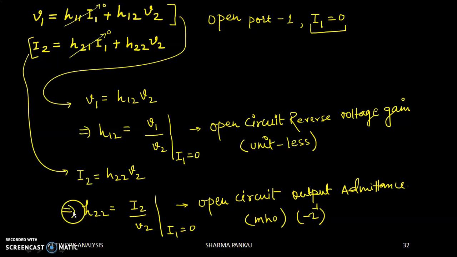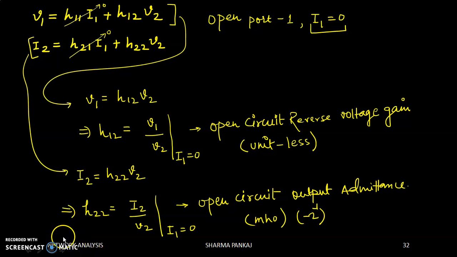This is all about your H parameters. We have seen the values of H11, H12, H21, H22, and we have seen the units also from both defining equations of hybrid parameters.